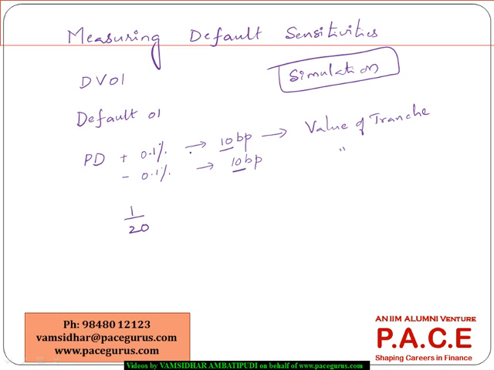If you remember DV01, we have increased it by 1 basis point itself. That is why we used to call DV01 the price value of a basis point.